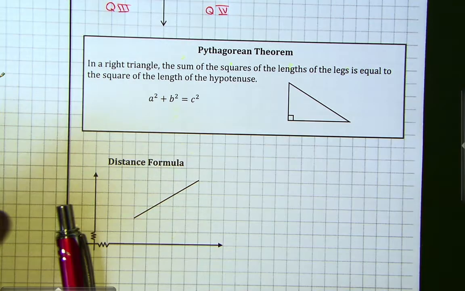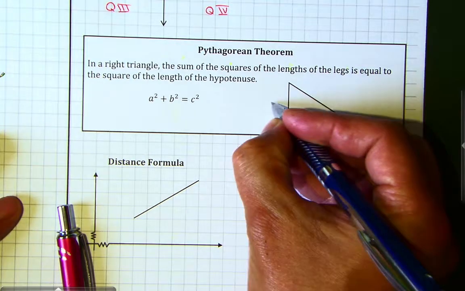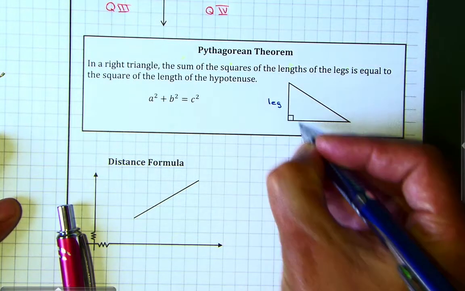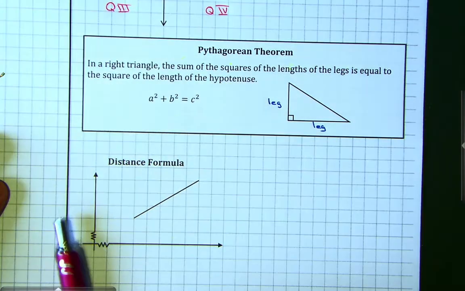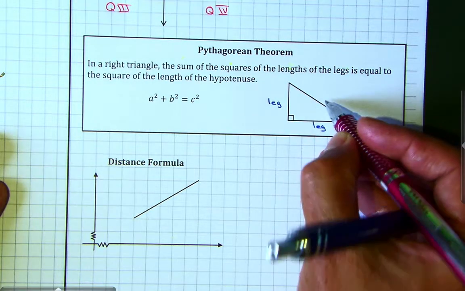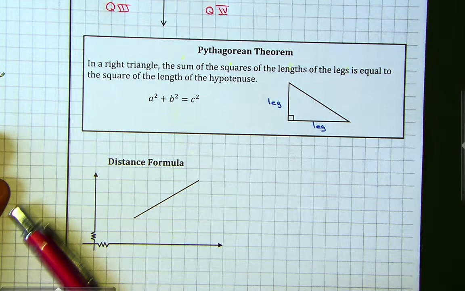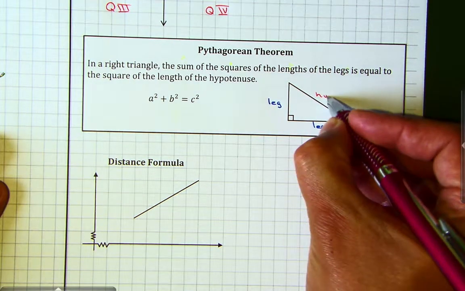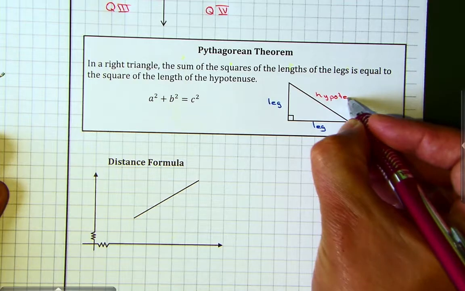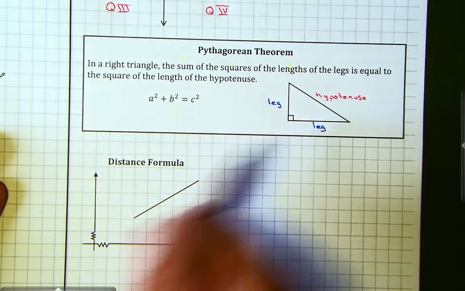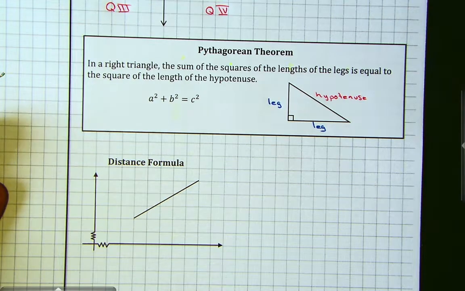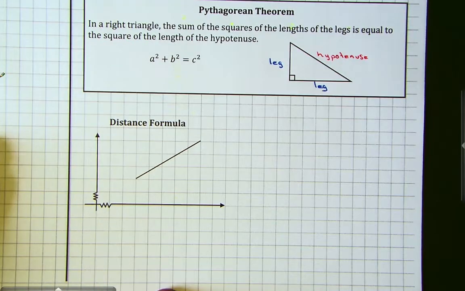So therefore we have a leg, this is a leg, this is the other leg. And the hypotenuse always has to be opposite the right angle. So your hypotenuse is here. We also know that is the longest side. So from there, let's go and develop the distance formula.